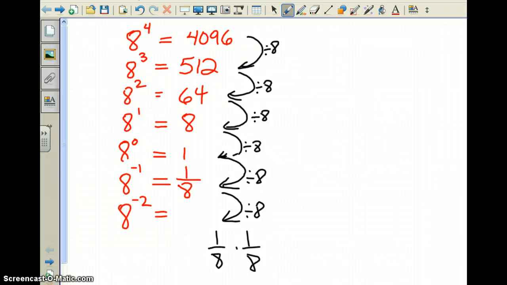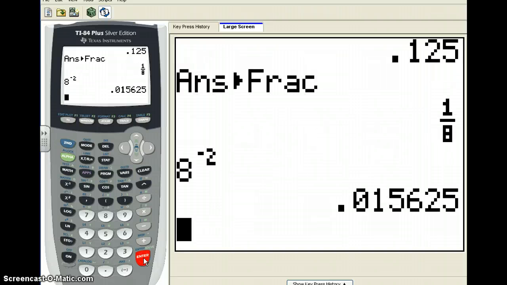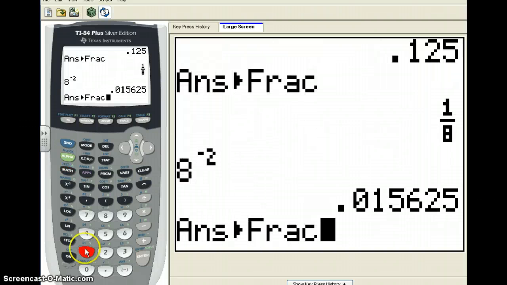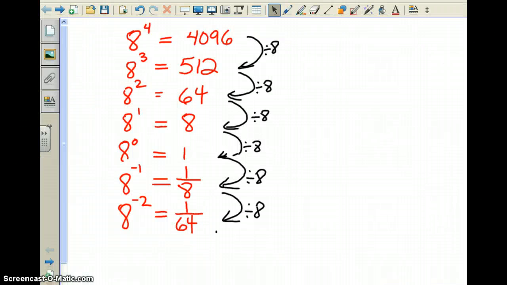So I'll actually be doing 1/8 times 1/8, which makes 1/64. Or on my calculator, if I want to check that, 8 to the negative 2 power, there it is as a decimal. And when I math frac it, there's the 1/64 as a fraction.